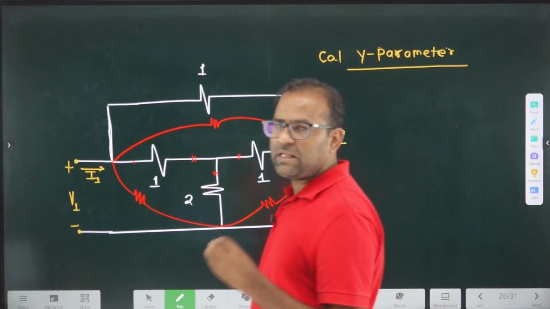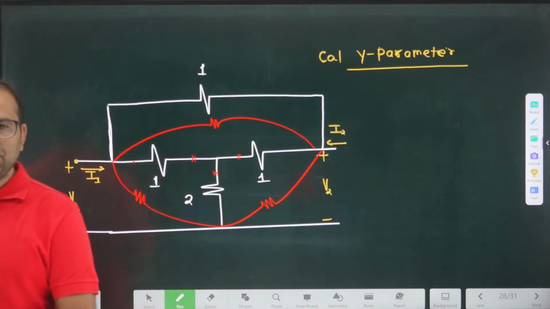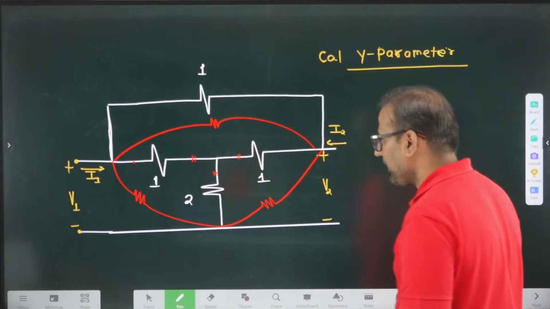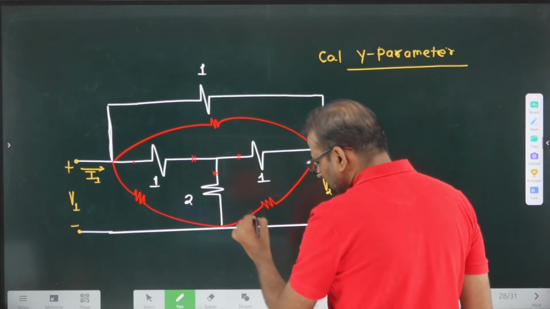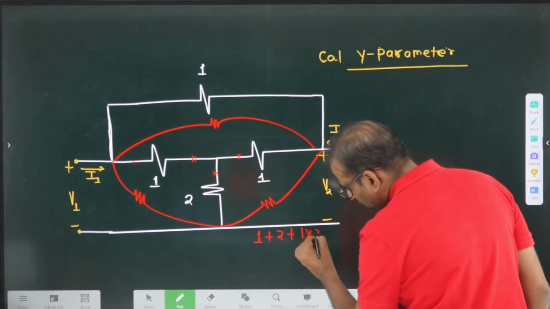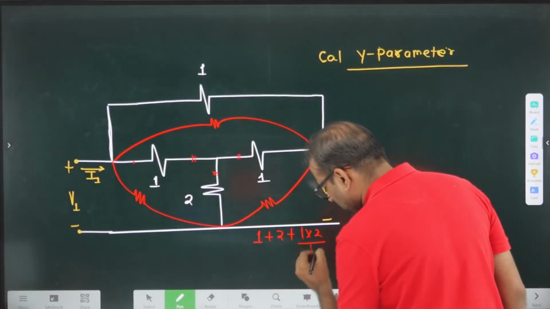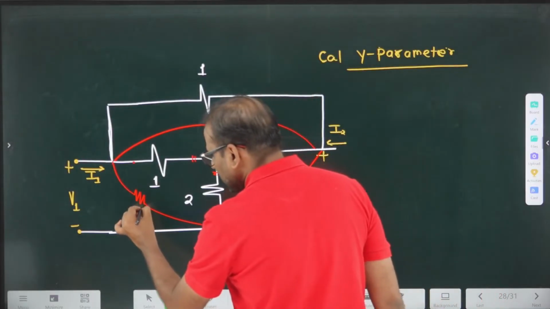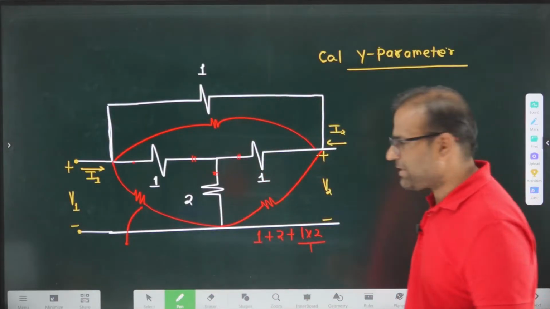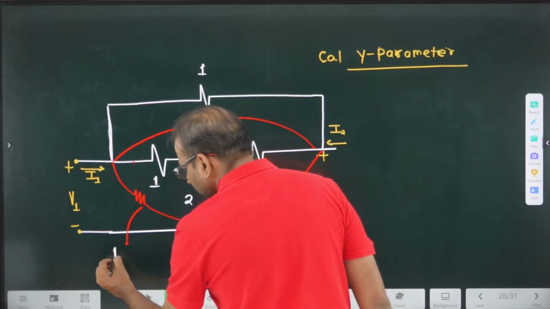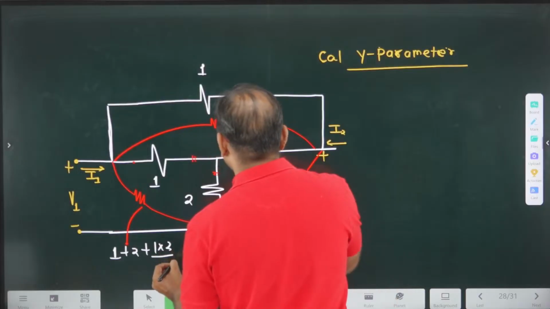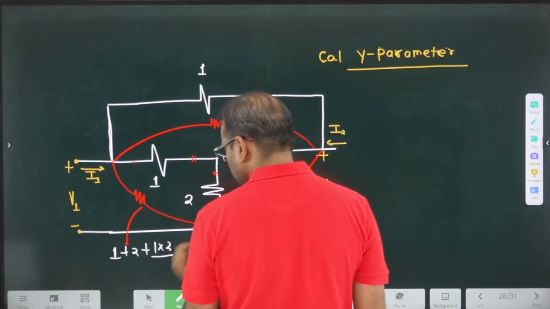When you want to bring the elements in parallel, always remember which technique is required: star to delta is required in most cases. So what is the value of this resistance? It is 1 plus 2 plus 1 into 2 divided by the opposite resistance, that is also 1. What is the value of this resistance? As you know from our star delta transformation video, this value is 1, this value is 2, plus 1 into 2 divided by the opposite resistance, that is 1.